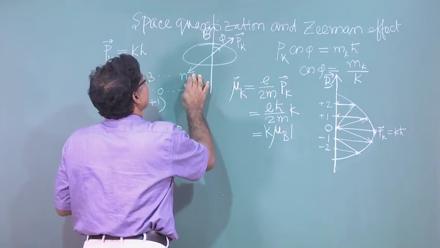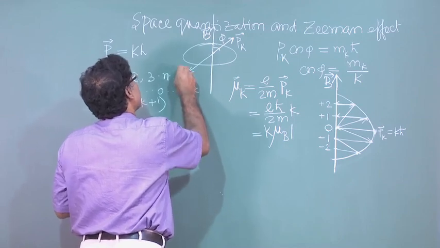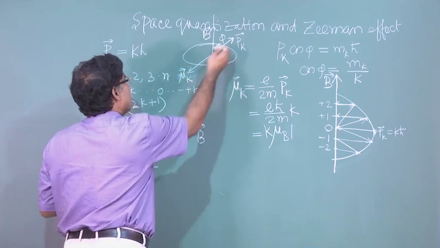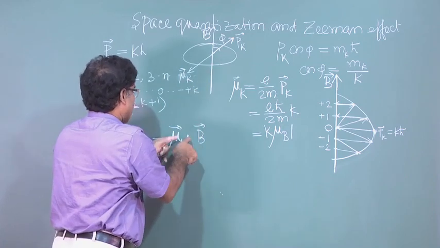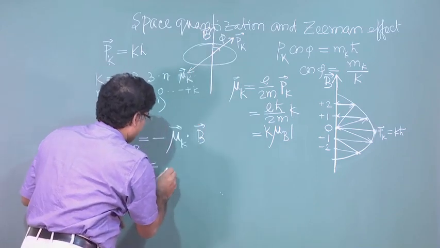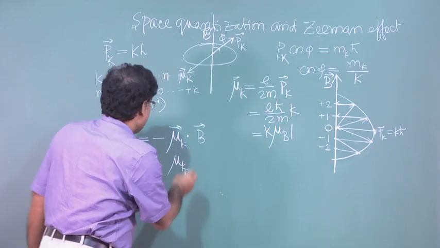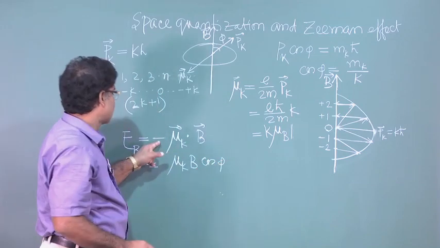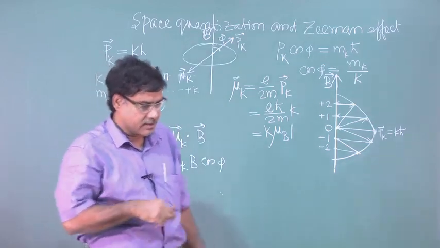So, this is the direction of the corresponding magnetic moment mu k for this angular momentum pk; they are in opposite directions. Now the angle between these two is phi, so you will get basically mu k b cos phi, because the negative goes away because of this opposite direction, a 180 degree difference.